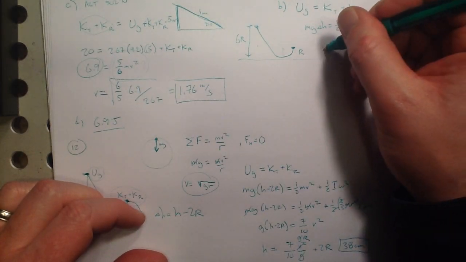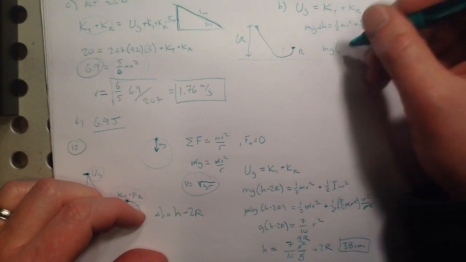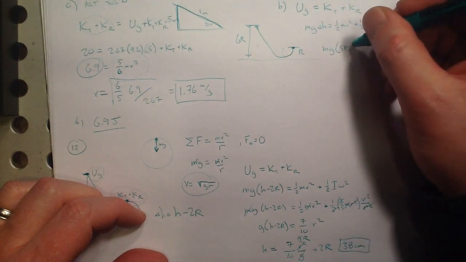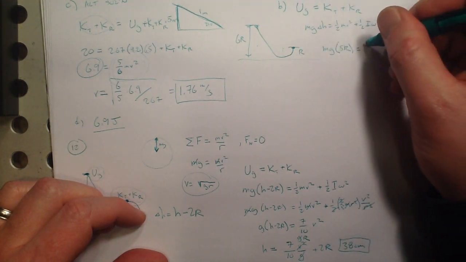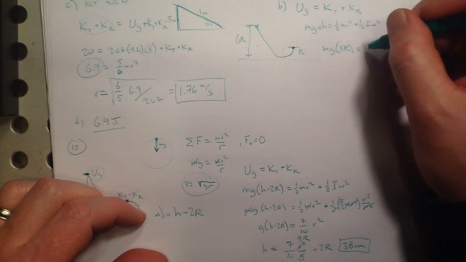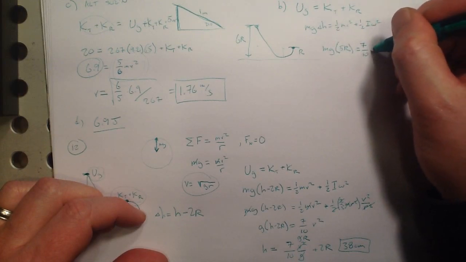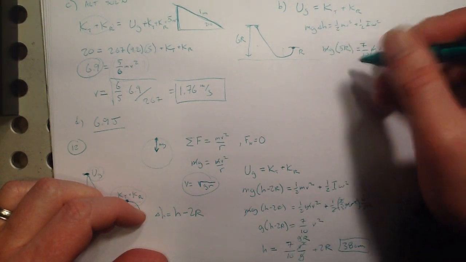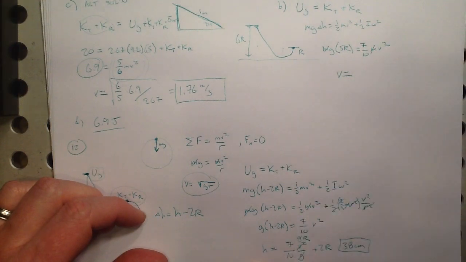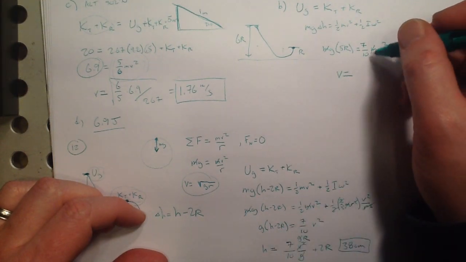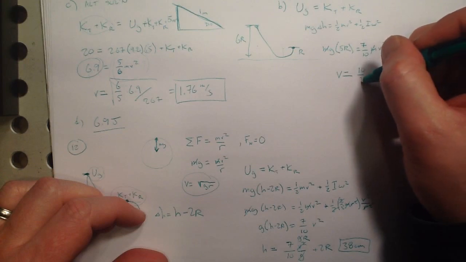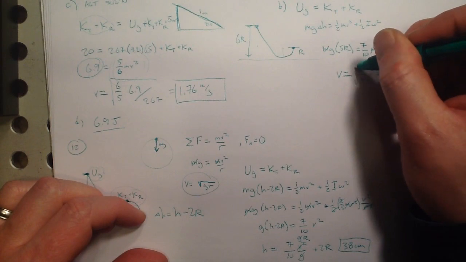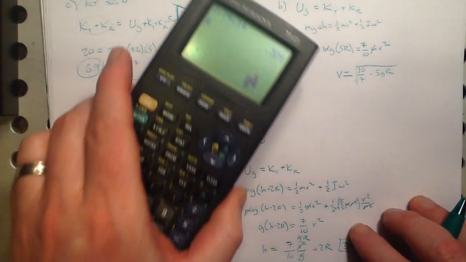So that means I have mg delta H, which is 5r, going from 6r down to r, is equal to 7/10 mv squared. So the m's cancel out, and I get that the velocity here is equal to the square root of 10/7 times 5gr.